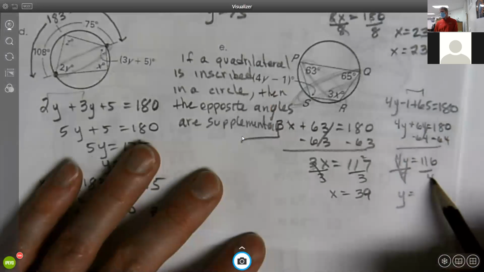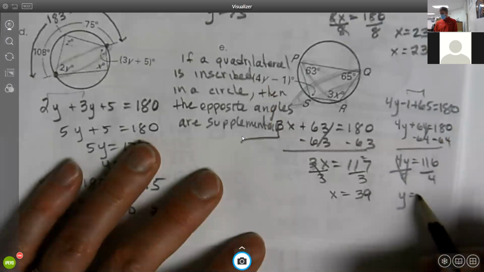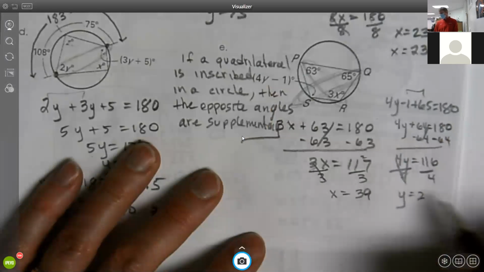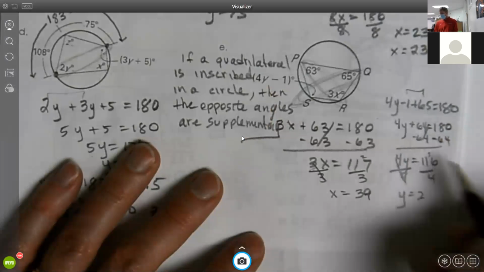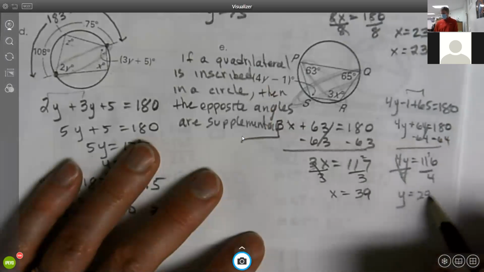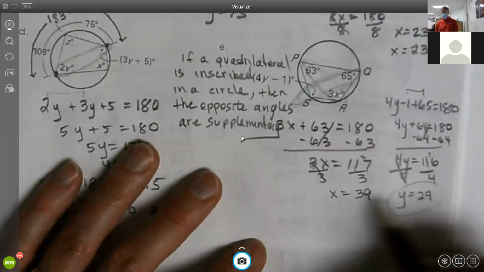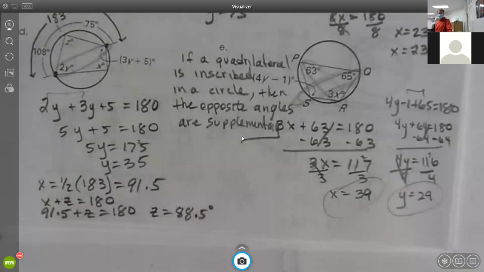So 4 goes into 11 2 times, which is 8. That leaves us with 3 left over. So 4 goes into 36 9 times. So you've got your two variables, 29 and 39. Okay? That is what we have with inscribed polygons. Good job, everybody.